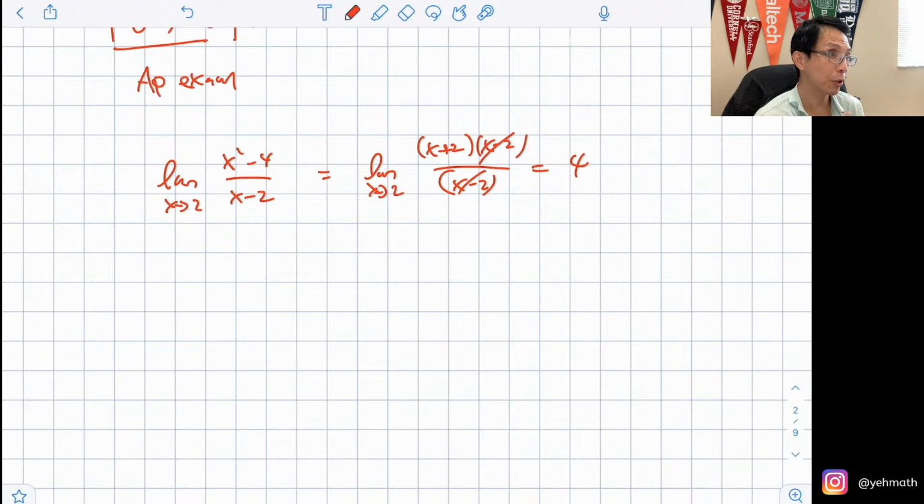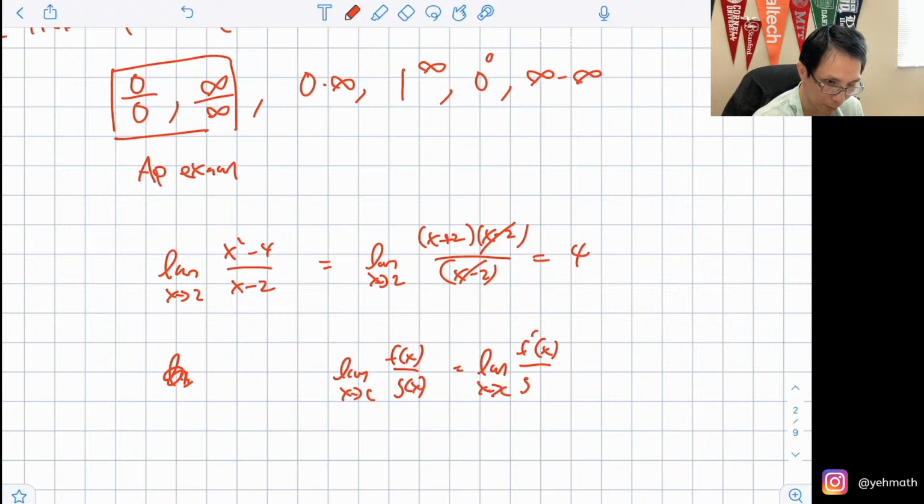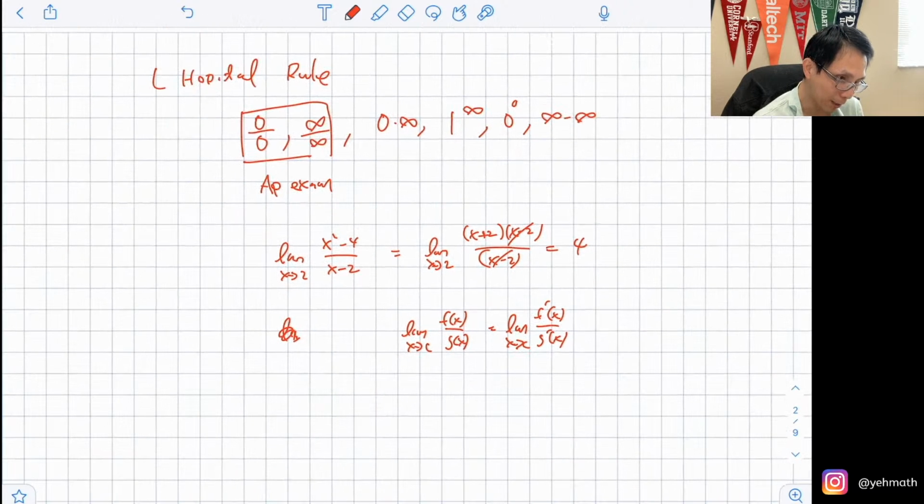So now I'm going to show you a second way to approach it. You take a derivative of the top and bottom. So L'Hopital's rule basically says the limit as x approaches c of f of x over g of x is also the limit as x approaches c of f prime of x over g prime of x. Now, why is that? If I just take a derivative of the top, it's a shortcut. 2x over 1.